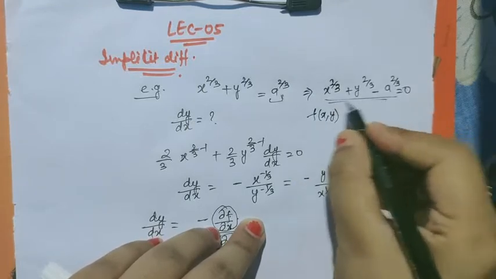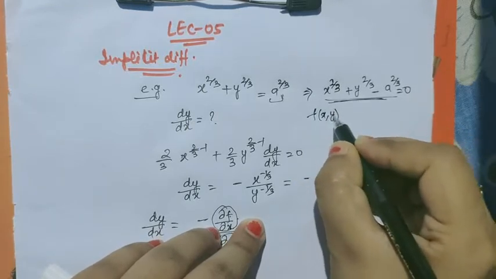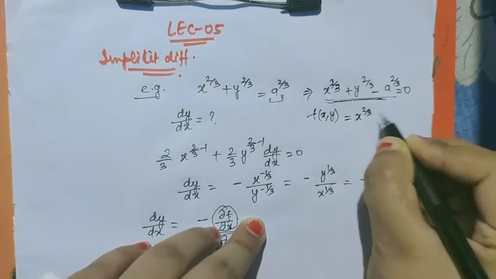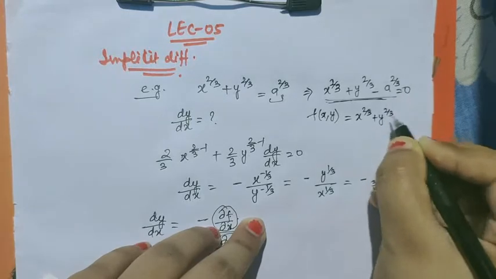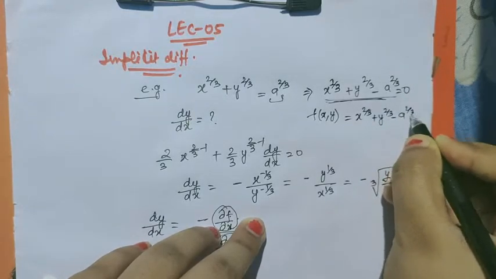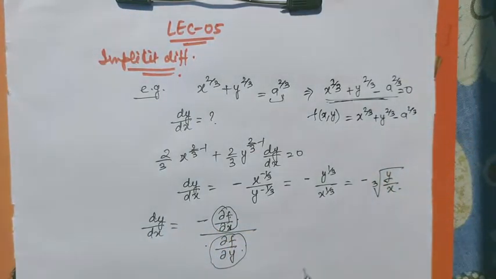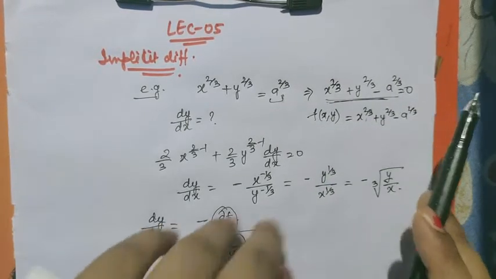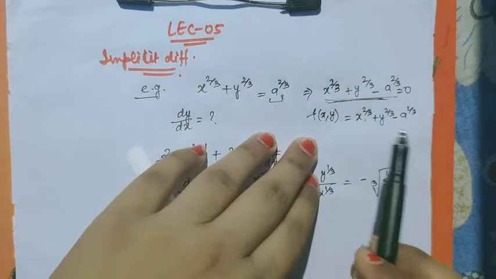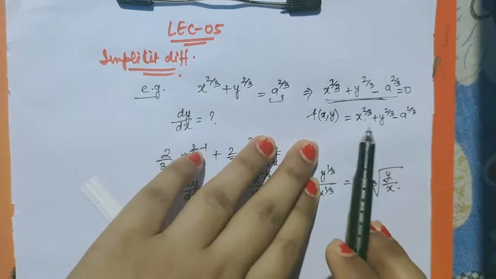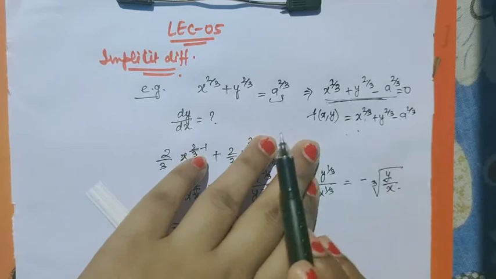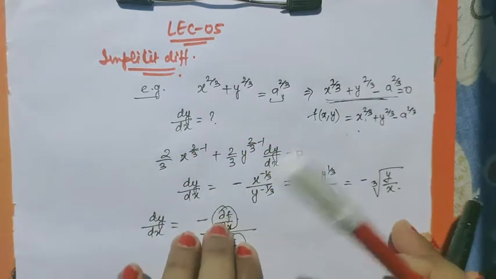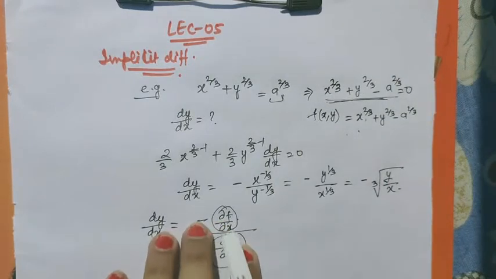This whole function is a function of x and y. So x raised to power 2 by 3 plus y raised to power 2 by 3 minus a raised to power 2 by 3. So partial differentiation of this function with respect to x means what? We only consider x as a variable. Other variables will be constant if we partially differentiate this function with respect to x.